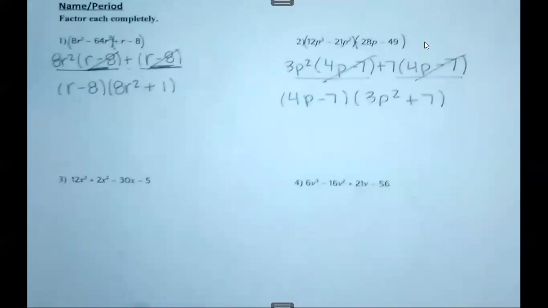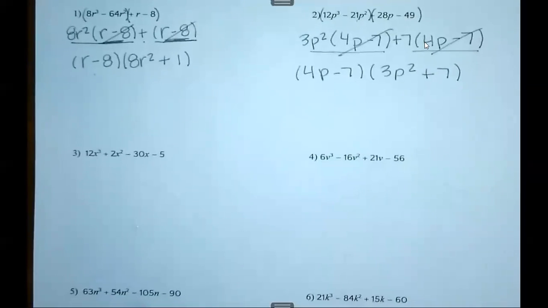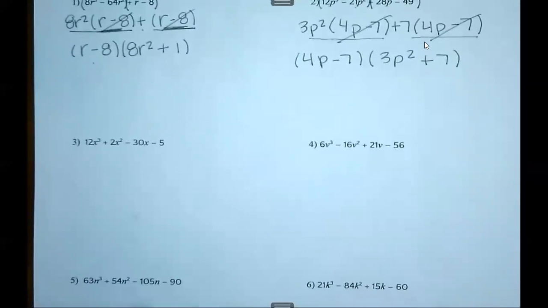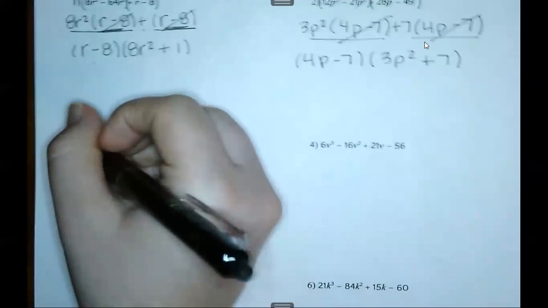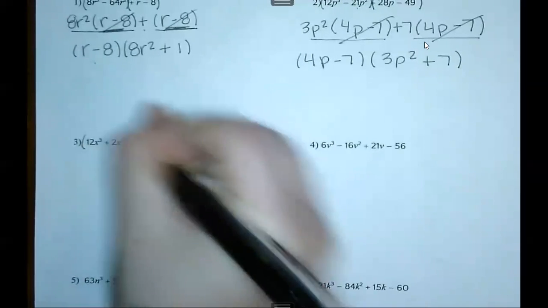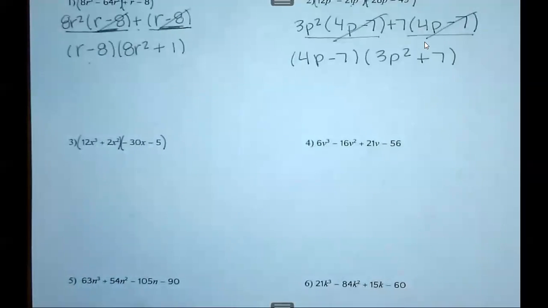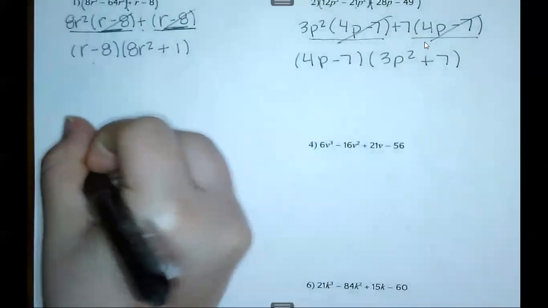All right. Number 3. So we group our first two things together and our last two things together. So in that first set, the biggest number that will go into both 12 and 2 would be 2. And I can pull an x squared out of both of them.